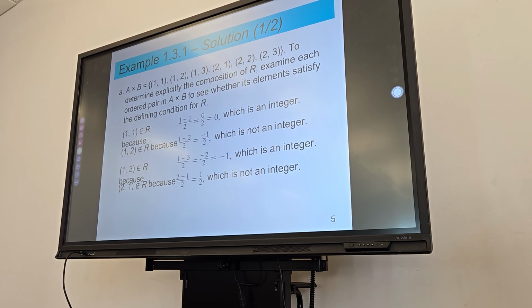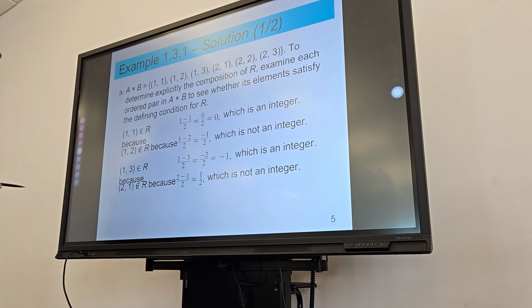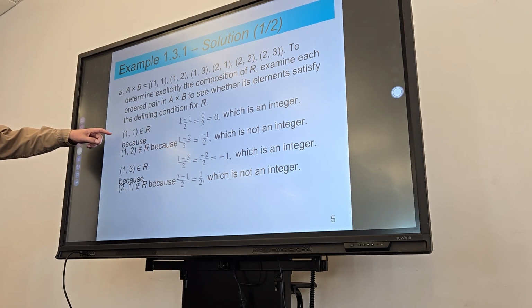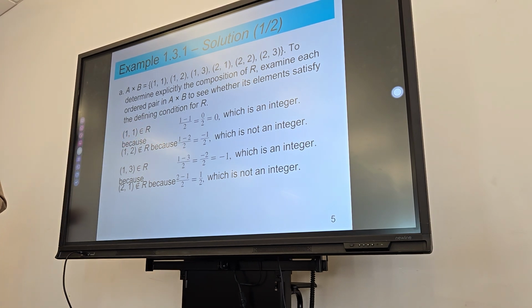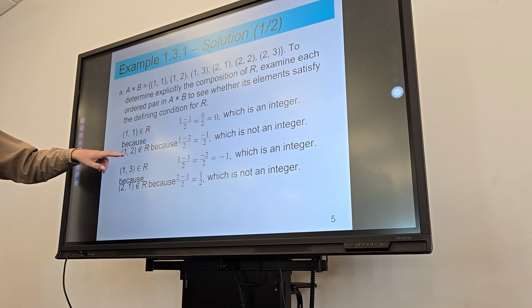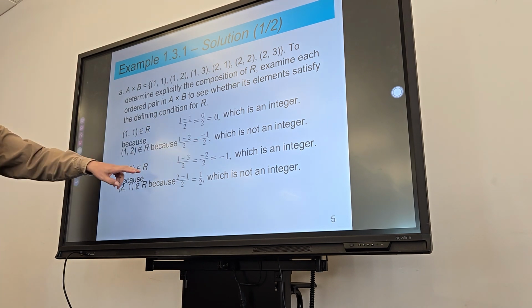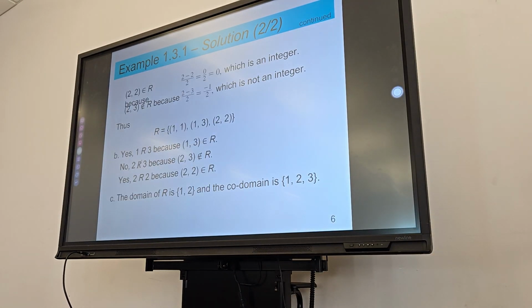So to determine the elements that are in R, we do the Cartesian product of A and B to yield these combinations, and then test each one to see if it satisfies the equation that defines the relationship R. So 1, 1 is an integer, so it's an element of R. 1, 2 does not. 1, 3 does. 2, 1 does not. 2, 2 does, but 2, 3 does not.